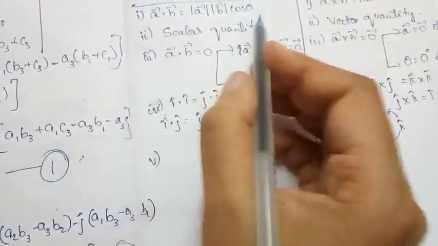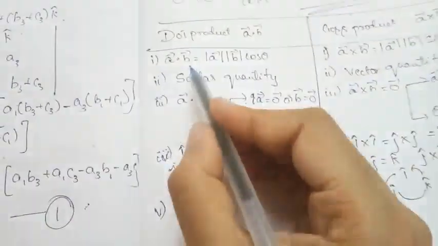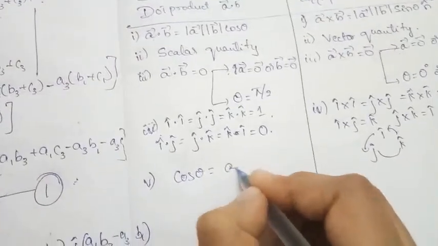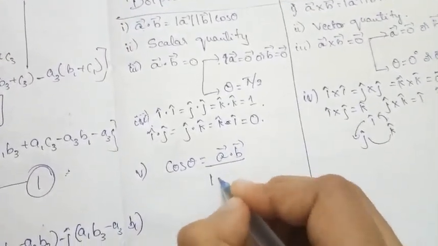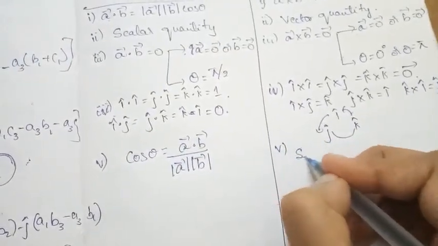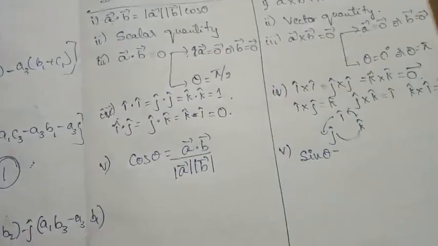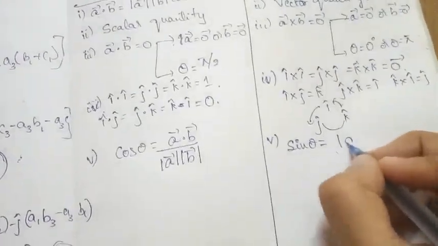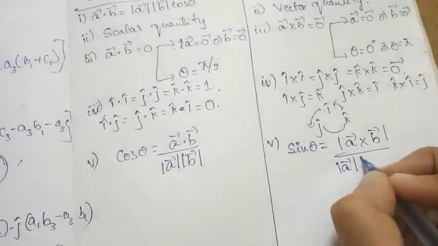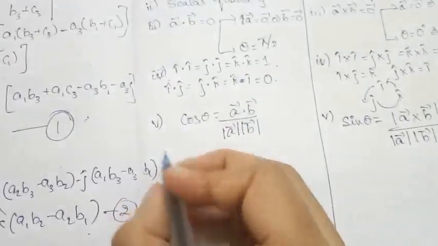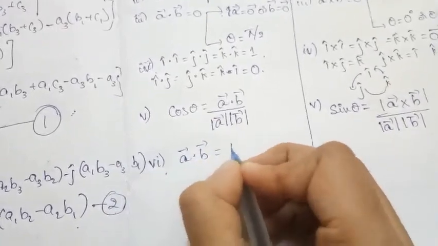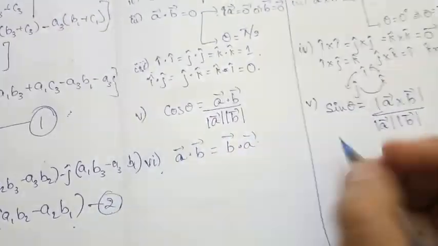The next is the angle between any two vectors when two vectors are given. That is given by cos theta equal to vector A dot vector B divided by magnitude of A, magnitude of B. Here, the angle between two vectors is given by sin theta equal to magnitude of vector A cross vector B divided by magnitude of A, magnitude of B. And vector A dot vector B is equal to vector B dot vector A, because they are commutative.